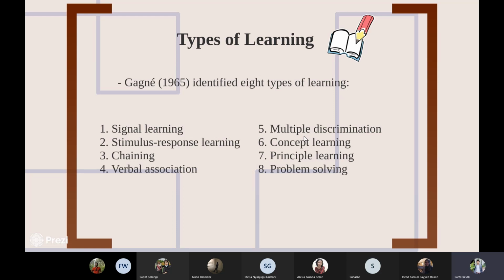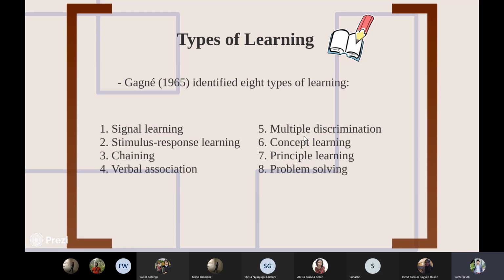As we have gone through all four theories, two were from the behaviorist side, and two were from the cognitive side. All of these theories give different types of learning styles.